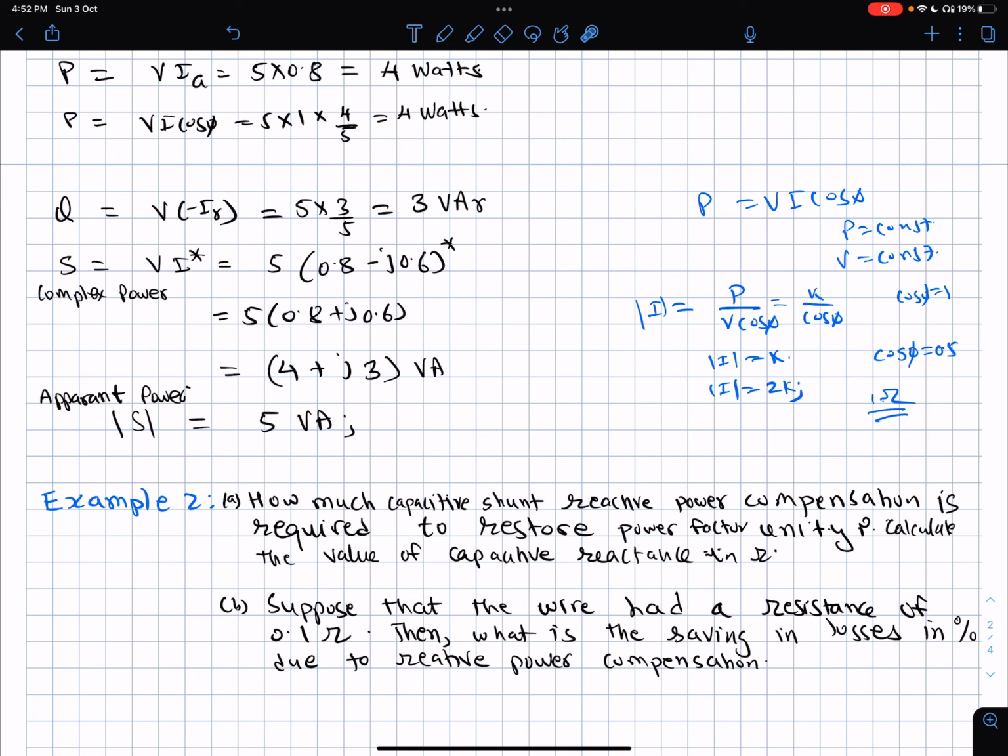So we can approximately say that the power which is lost in the wire will be K square times 1 ohm, or K square watts. But when the power factor deteriorates to 0.5, then I square R in the wire will become 4K square R, which means the loss has now become 4 times in the wire.